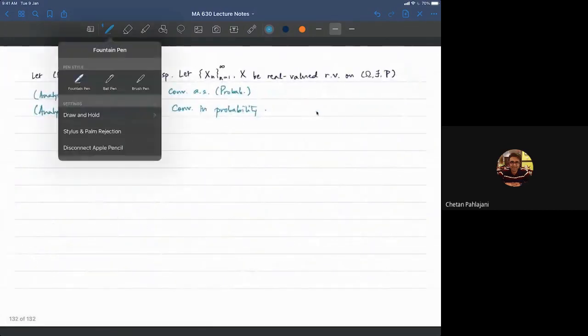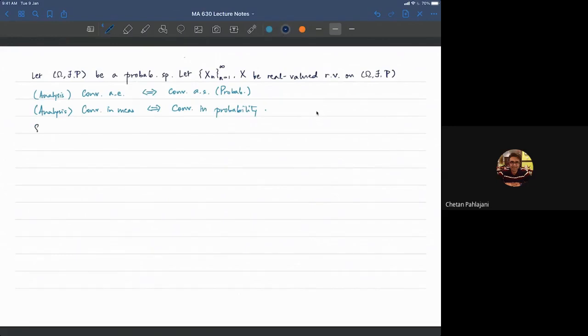Now say that X_n converges to X in probability if for every epsilon greater than 0, the probability of the set where the absolute value of X_n minus X is greater than epsilon goes to 0 as n goes to infinity.